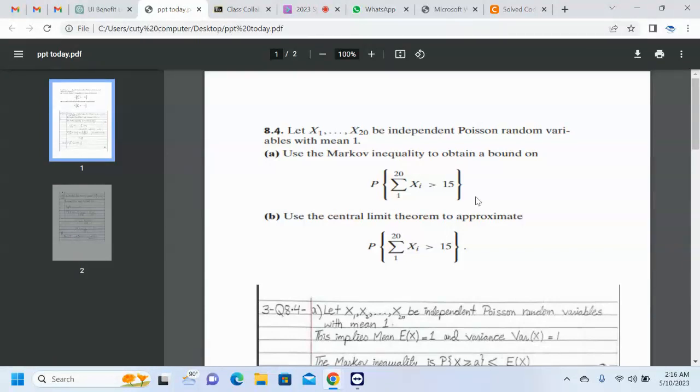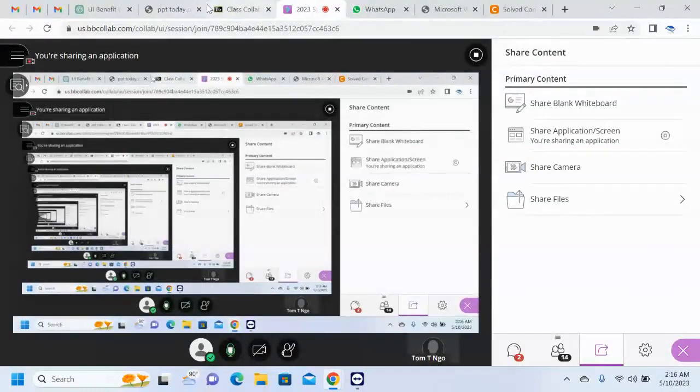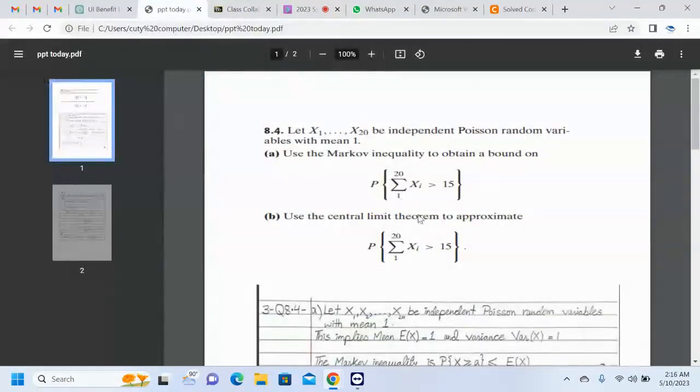If you are using the central limit theorem on that, and you're doing x greater than 5, you would add 0.5 to make up for the fact that it's a discrete variable. If it's less than 6, you would subtract 0.5. If it was less than or equal, you would add 0.5. If it's greater than or equal, you subtract 0.5.